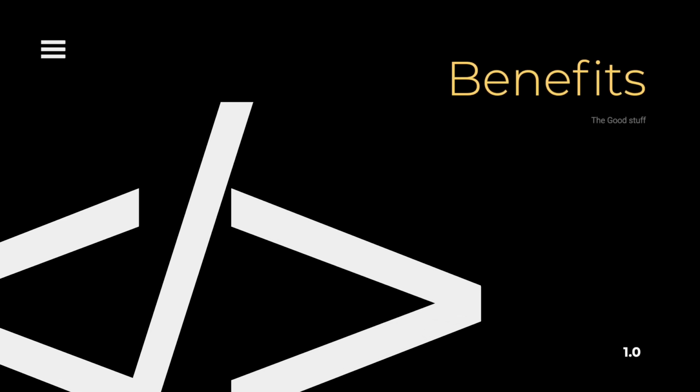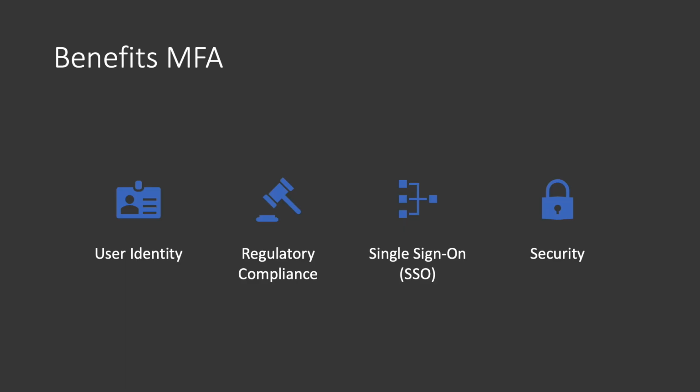So what are the benefits of multi-factor authentication? First of all, it ensures the customer's identity, because as we said on the previous slide, in order to have multi-factor authentication we need to set up the one-time code generator on our mobile phone, and in order to do that we need to have identified ourselves and created an account, which is directly linked to our own identity.